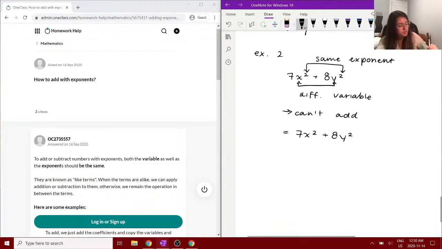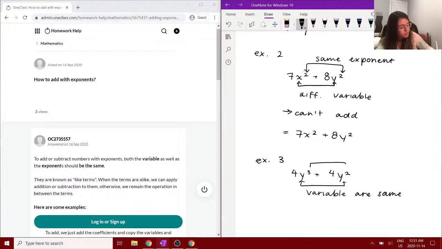Let's look at a third example. So example number 3. If we are given 4y cubed plus 4y squared, now we see that the variables are the same.